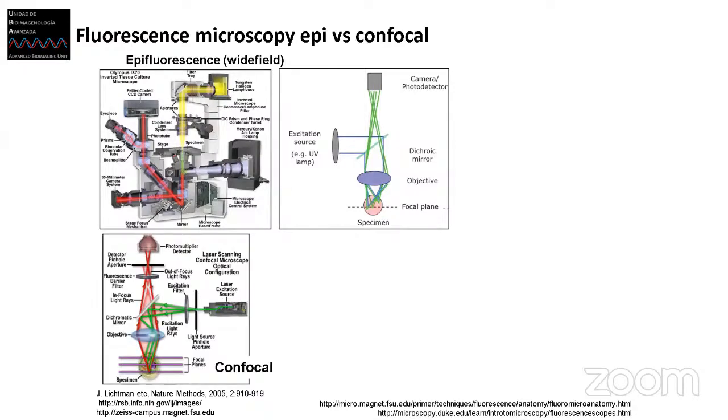When we speak about confocal microscopes, what we have is more or less the same. We have a detector, we have light, we have optics, we have dichroic mirrors, but we have one optical element here which is important, and it's called the pinhole. The main purpose of this pinhole is that we basically reject light which is not in the focal plane that we want.